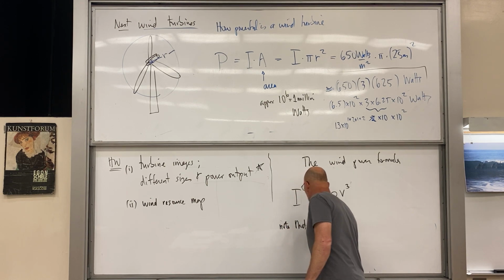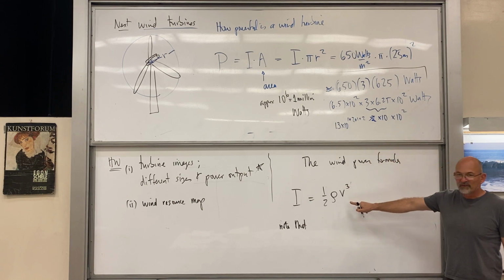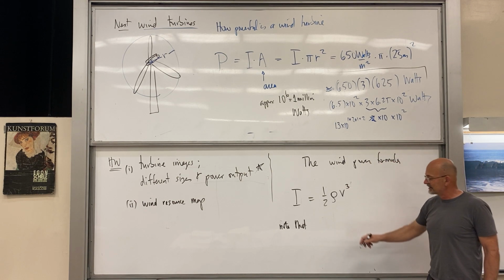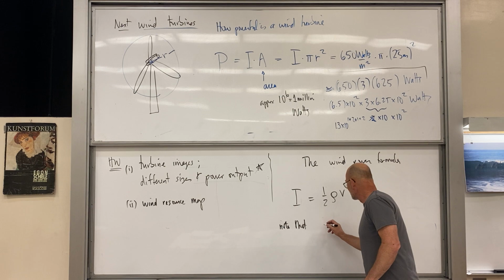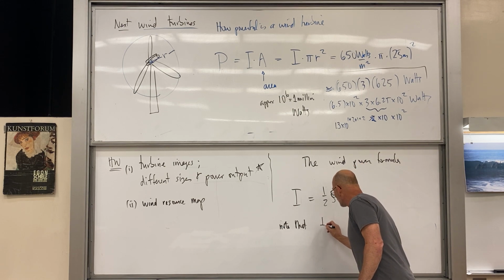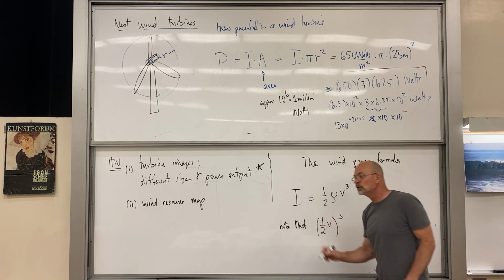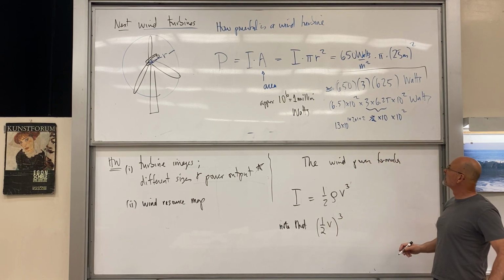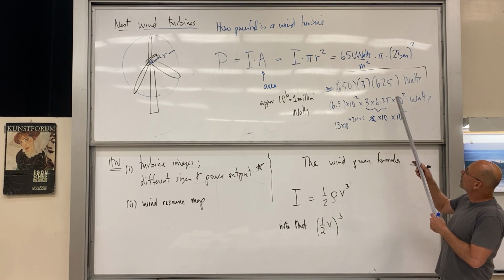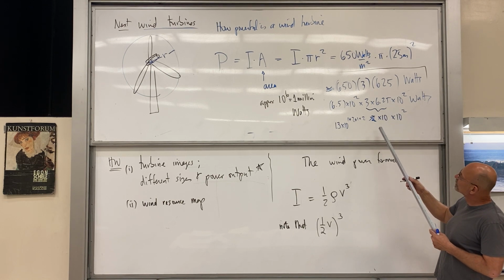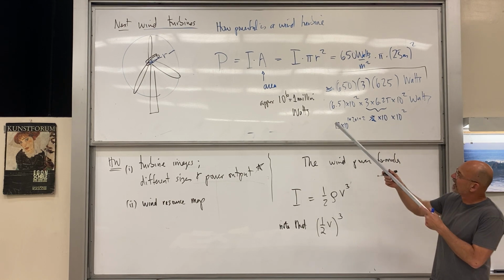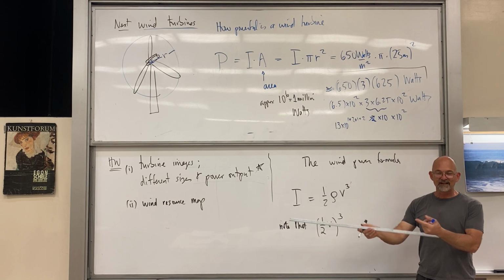And I'm going to write it as a note. Suppose the wind goes down to 1/2 the speed. 1/2 of the original V cubed. Okay, so it goes from what did we have there? 10. It goes from 10 meters per second. That's what we had up there. It goes from 10 meters per second down to 5.